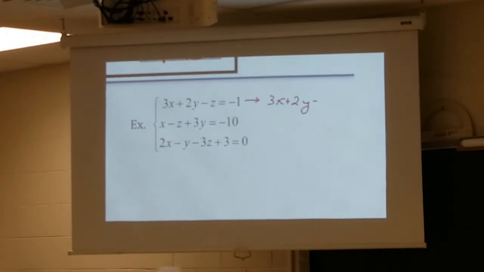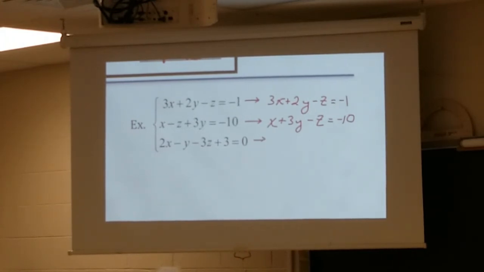You don't need to recopy it, although I am. The second equation, do you feel like the y and the z just need to swap? Obviously, the negative sign is going to go with the z, but we're just going to swap y and z.